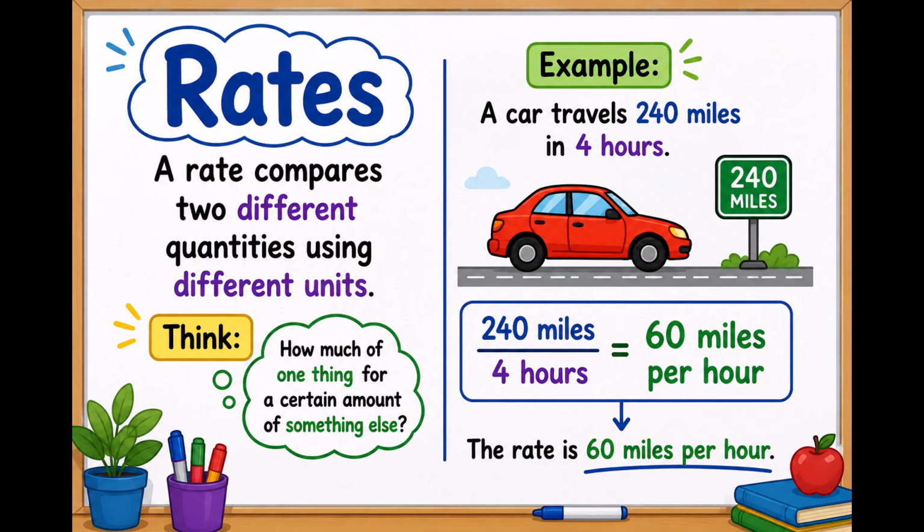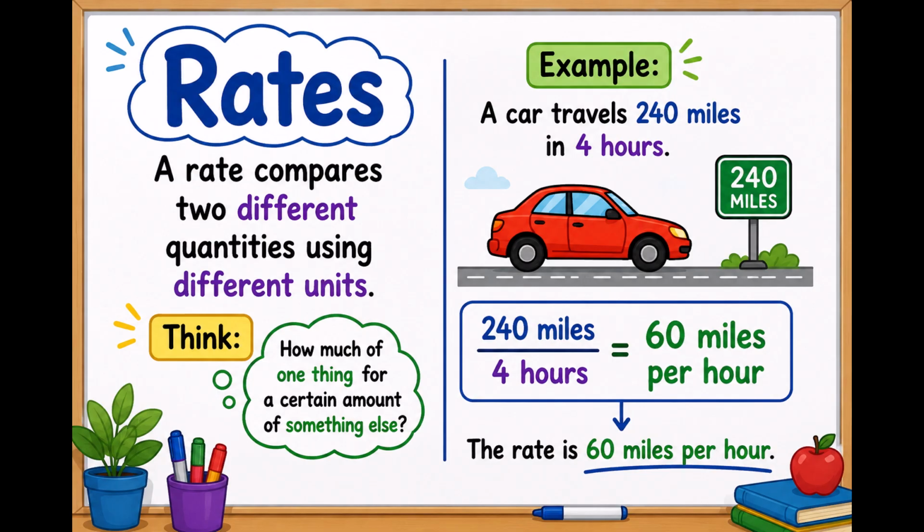Very important for us to understand that. So let's write the rate. We write the rate as 60 miles per hour. The word per again means for each. So the car travels 60 miles for every 1 hour.